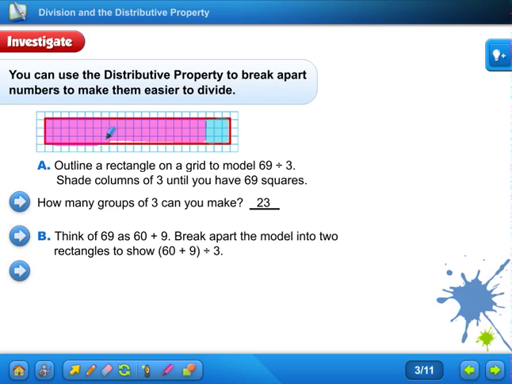Ooh, making my shade a little out of the box there, sorry. Okay, pretty good. All right, check. So I know I have 9 here, and I have 60 here.